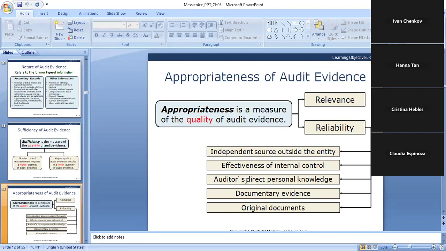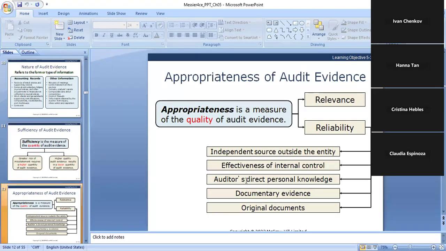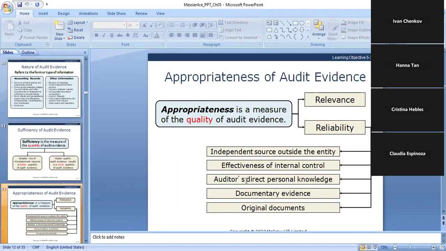What will be the appropriateness of the audit evidence? Through appropriateness, first is the relevance, how relevant they are, and how reliable they are. So sufficiency measures the quantity, and for the quality we have the measure of appropriateness.